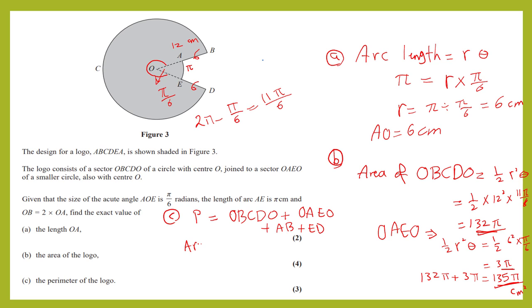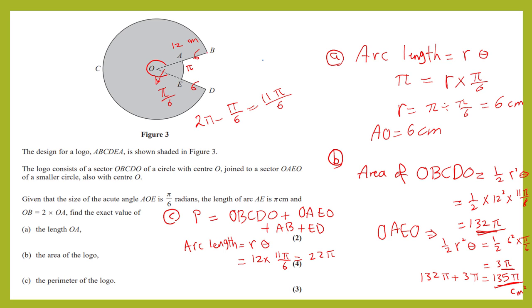So the arc length for the major arc is r by theta. Here the radius length is 12. So 12 multiplied by theta, the reflex, is 11 pi over 6. So it will be 12 multiplied by 11 pi over 6, you can simplify the 12 and 6 together. So it will be 2 by 11 is 22 pi.